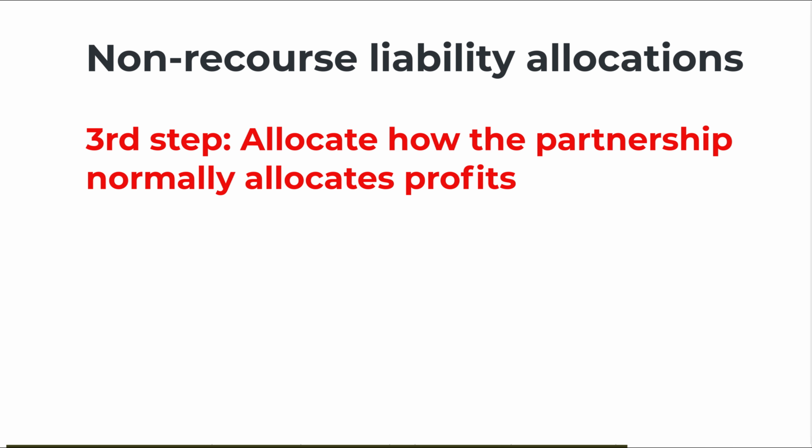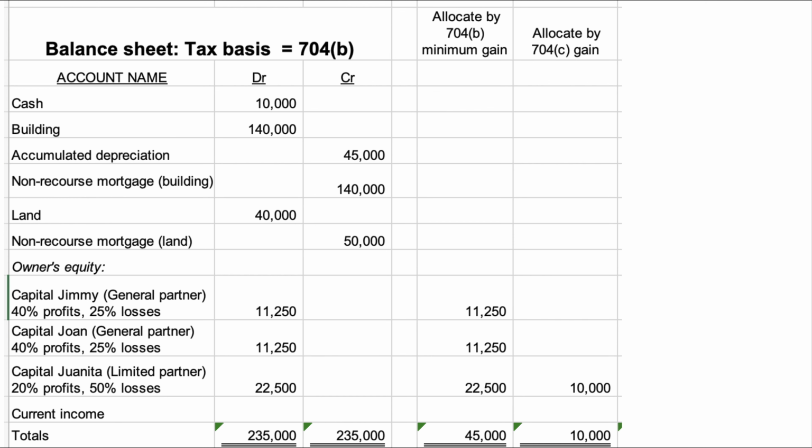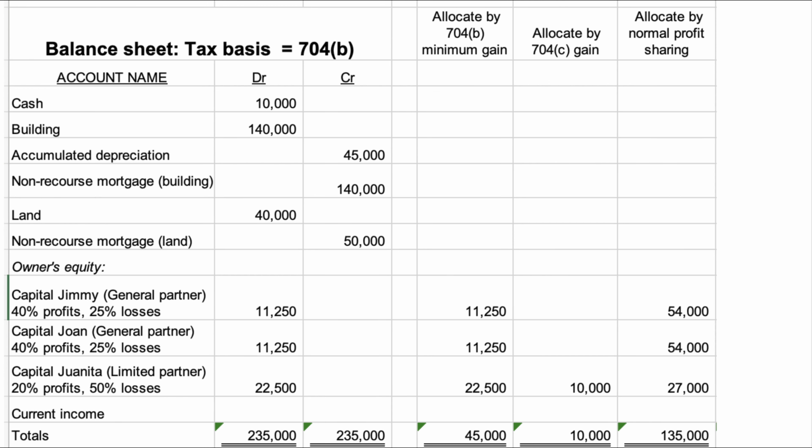But in our example, the only thing left to do is to allocate the remaining debt by the profit-sharing ratios, 40%, 40%, 20%. The 2 general partners are each allocated $54,000 of the remaining non-recourse debt, 40% of $135,000.